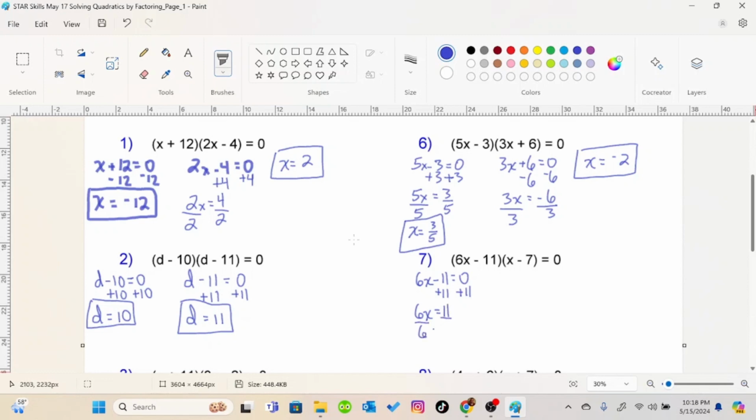Divide both sides by 6, and you get your first answer that x equals 11 over 6. Or you set the second factor, x minus 7, equal to 0. You add 7 to both sides, and you find your second answer, x equals 7.